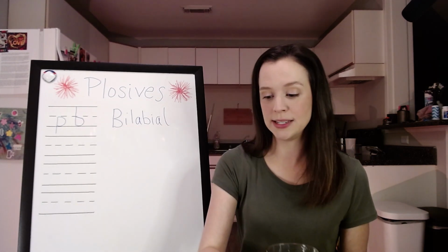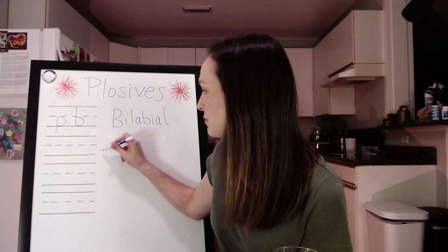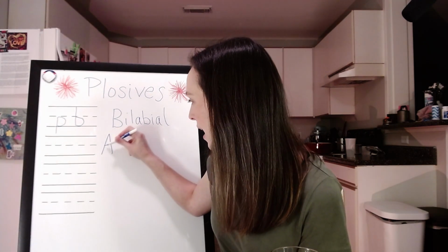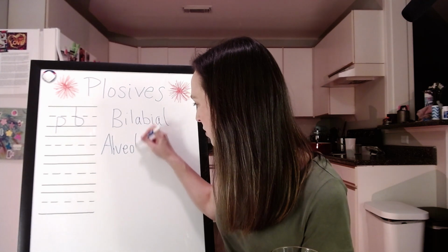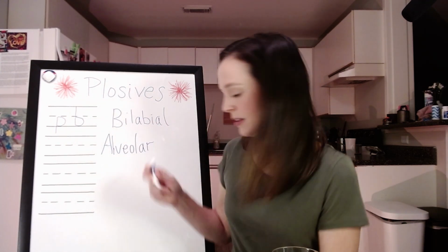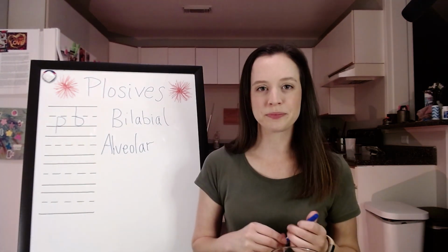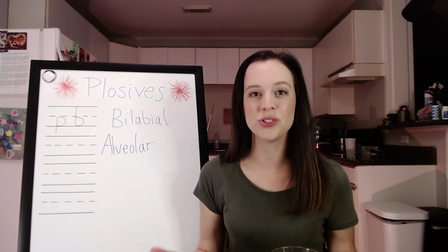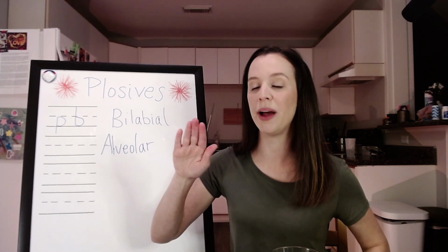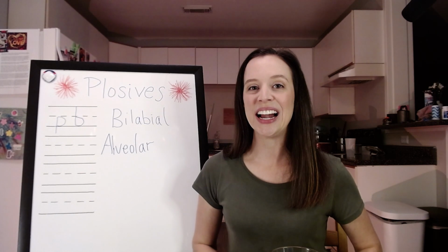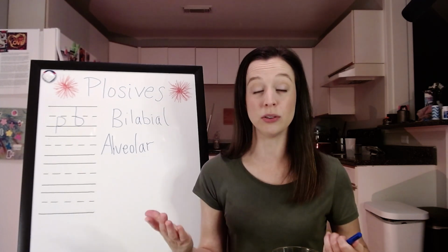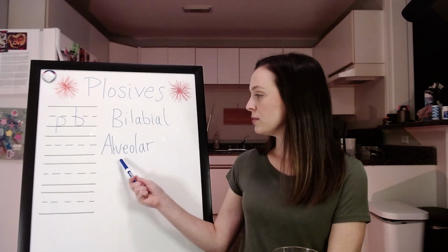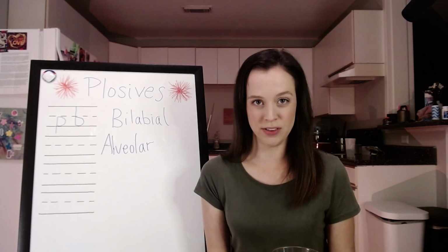Look at you go. It is not stressful, I promise. Okay, so next we have alveolar plosives. And alveolar refers to the alveolar ridge. So if you take your tongue and you run it up the back of your teeth, there's kind of a bumpy area behind your top teeth. That's your alveolar ridge. So what sounds are made on your alveolar ridge?